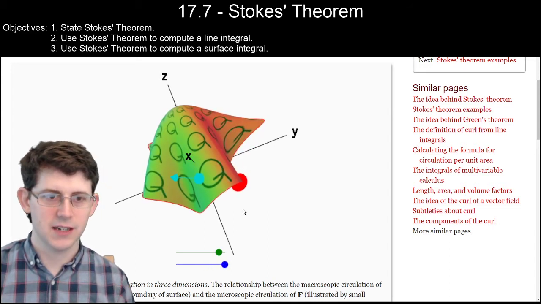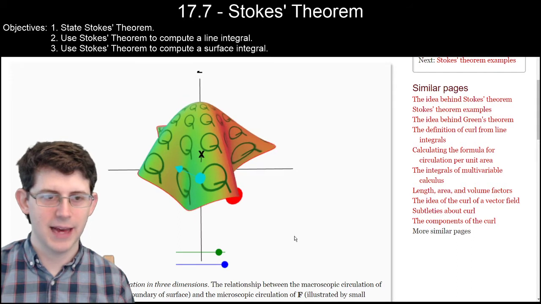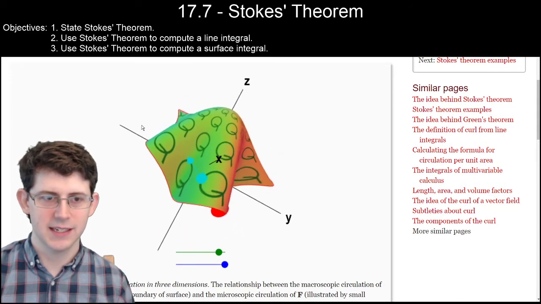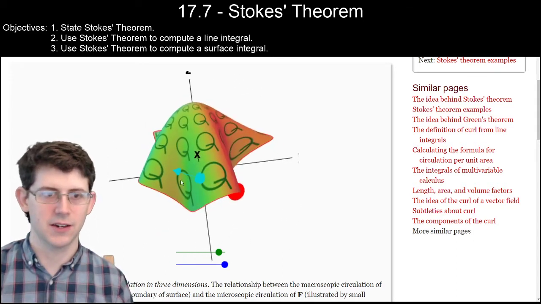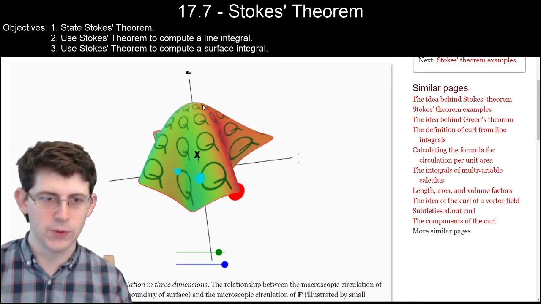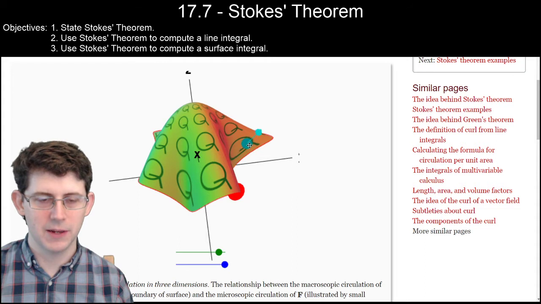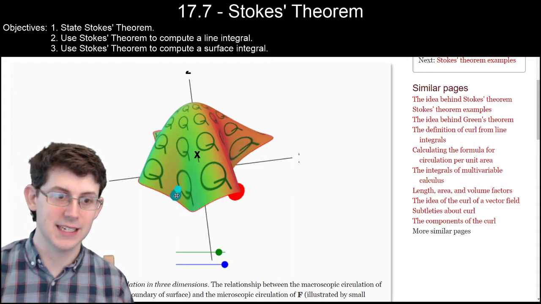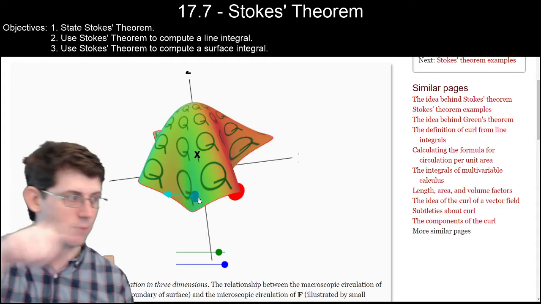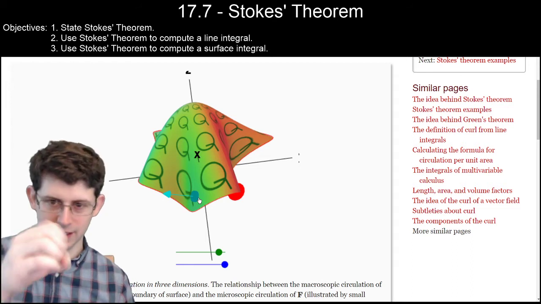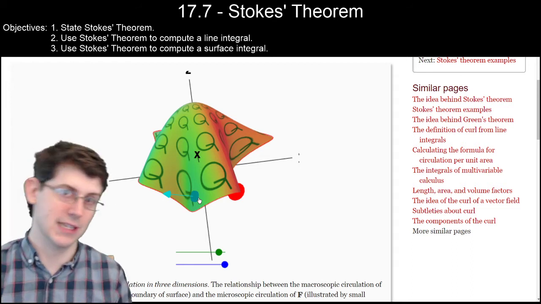The idea of Stokes' theorem is that it doesn't matter how wild and crazy the curve is, you can always still do this as long as the curve is smooth and the surface doesn't have anything super crazy going on. You can pick normal vectors that are consistent everywhere so that the little swirls are always agreeing with the orientation of the curve.